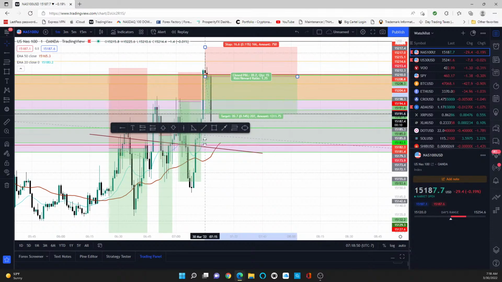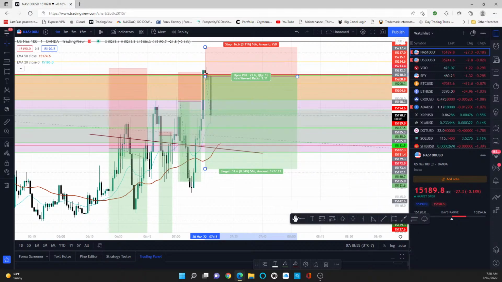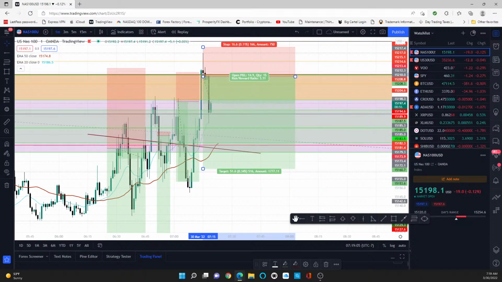Oh shit, let's go. 221.18 is where I got in at. Moving my stops to break even. This is a key level.